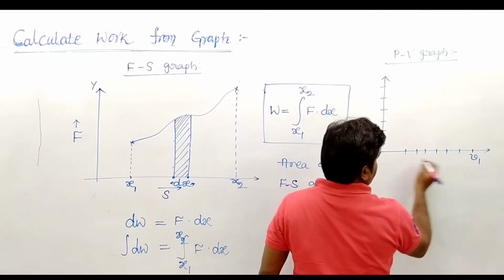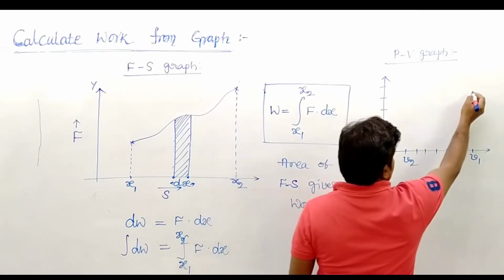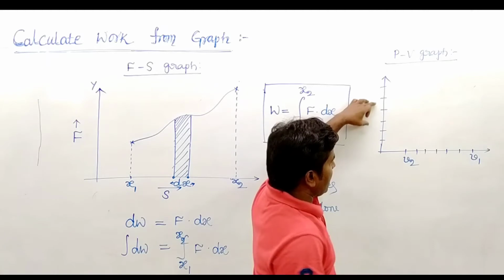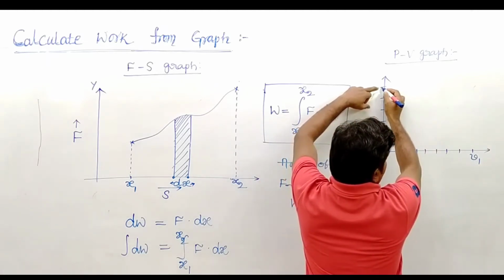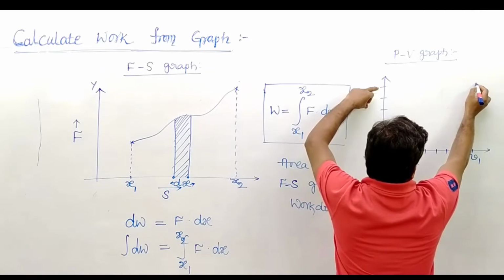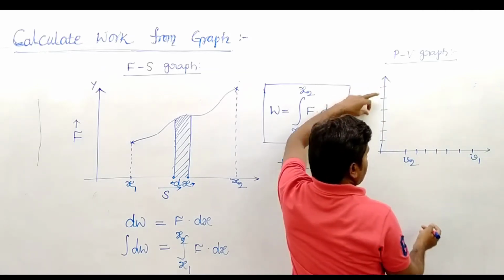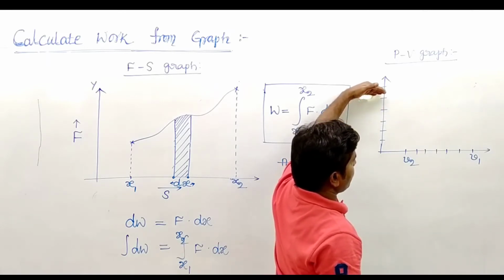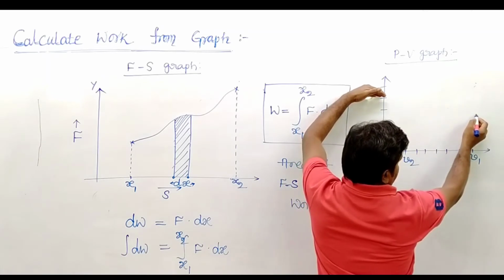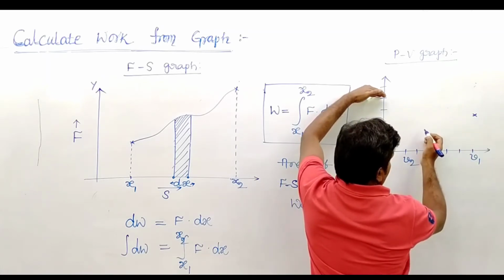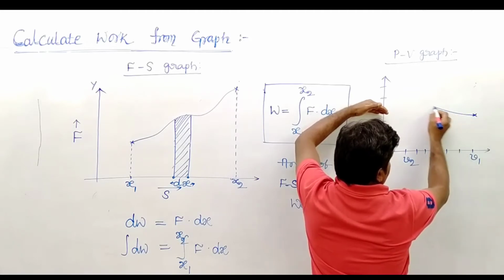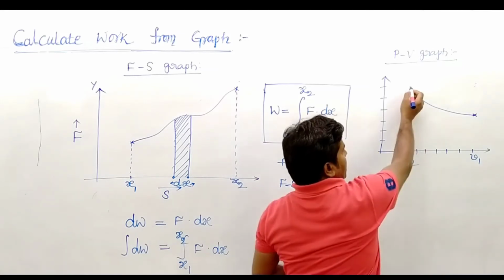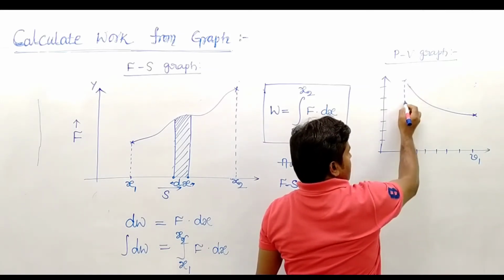This is volume V1 and this is volume V2. When pressure increases, the volume decreases from V1 to V2.